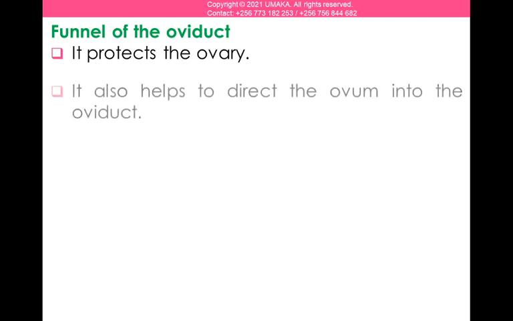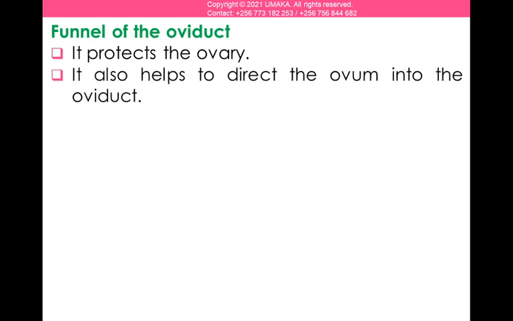Funnel of the oviduct as our next part. This one protects the ovary. It protects the ovary from external damage, and it also helps to direct the mature ovum into the oviduct.